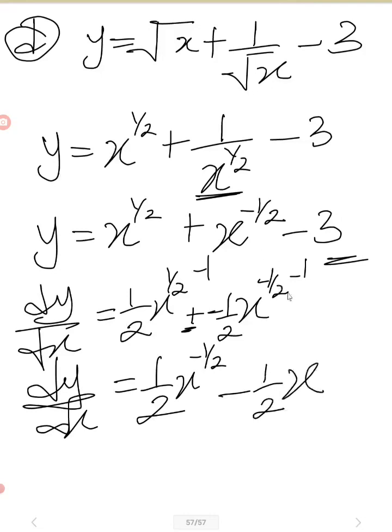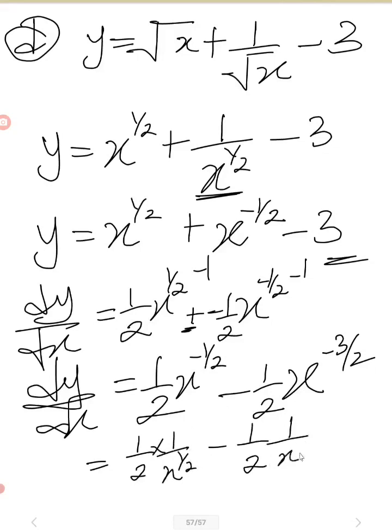So minus half minus 1 will give you minus 3 over 2, that is 1.5. So let's continue simplifying, which gives 1 over 2 times 1 over x raised to the power half, minus 1 over 2 times 1 over x raised to the power 3 over 2.